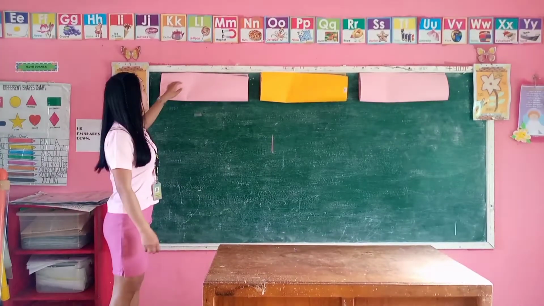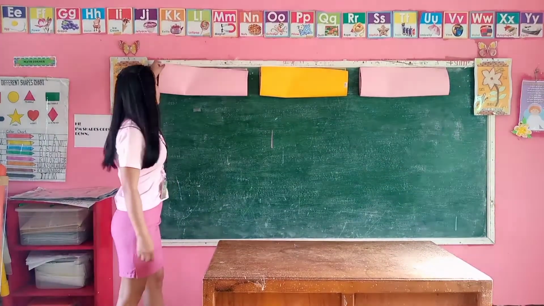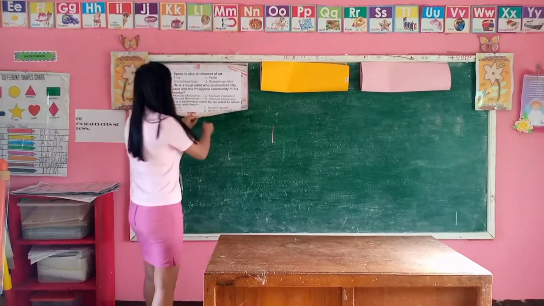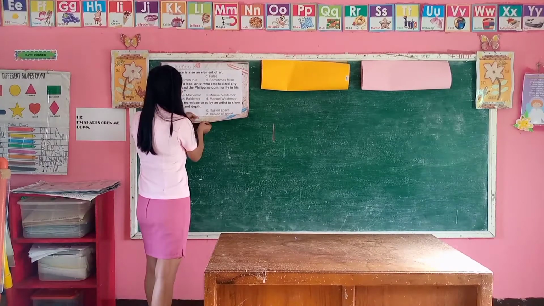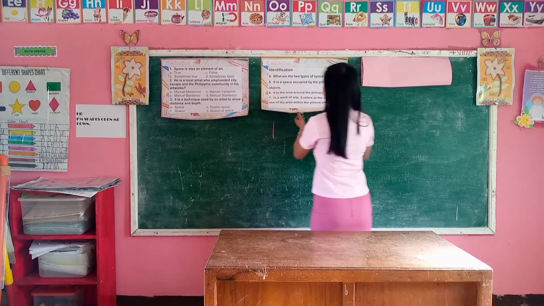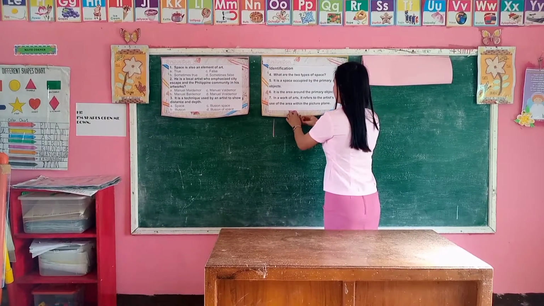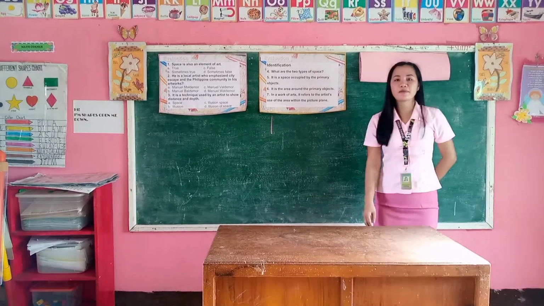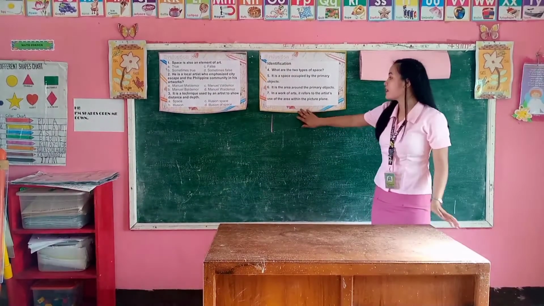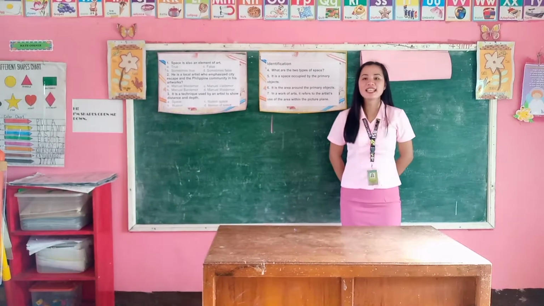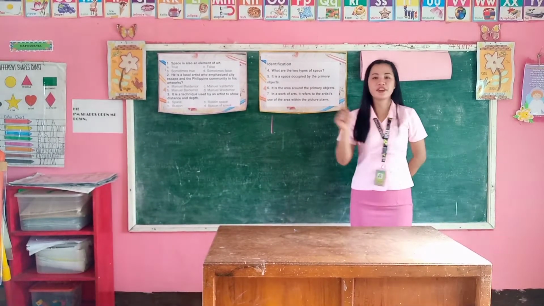For the activity, class, you will bring 1/2 sheet of paper and do not copy the questions anymore. Write only your answers. It's only 7 items, class, but it is 15 points. Done, class? Okay, very good.